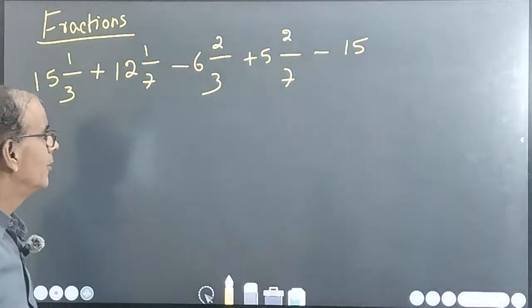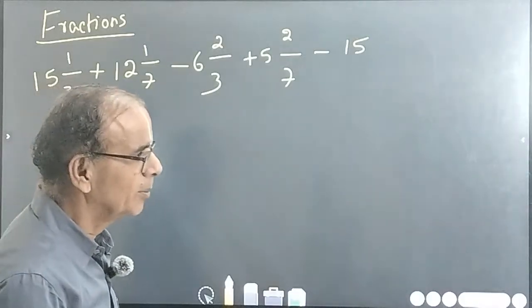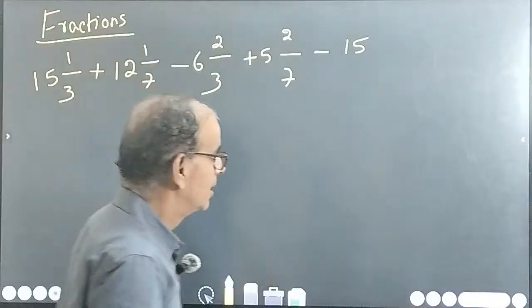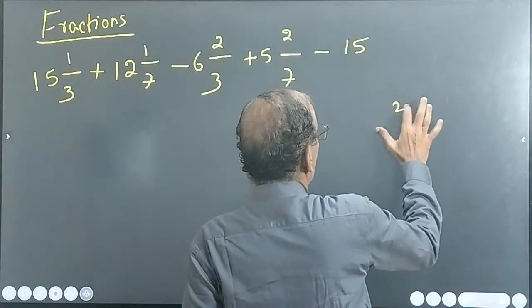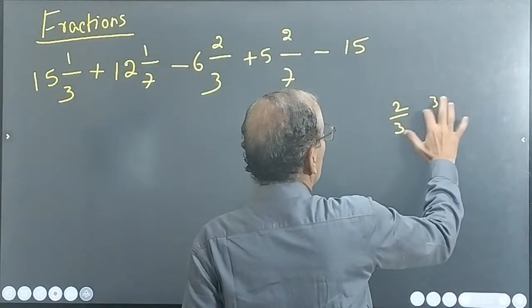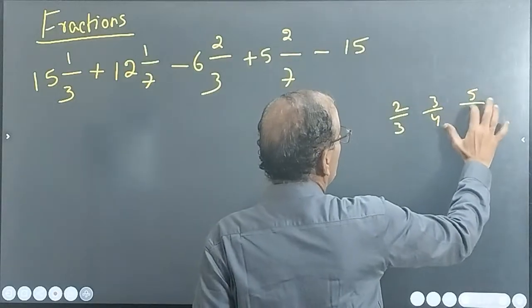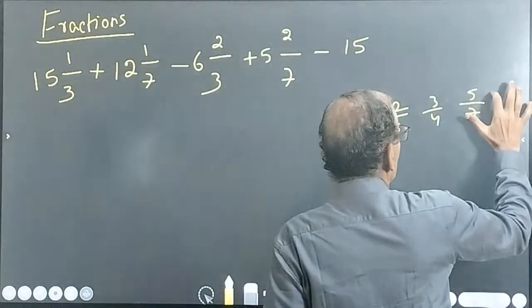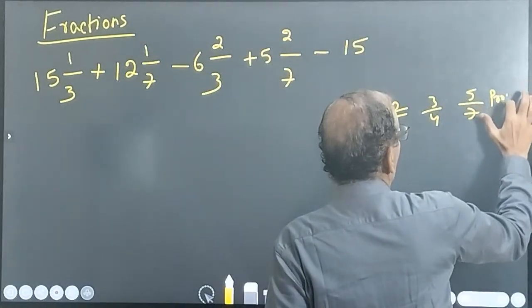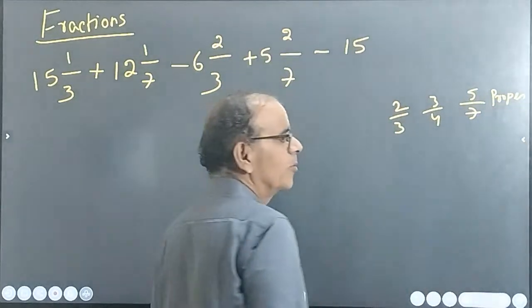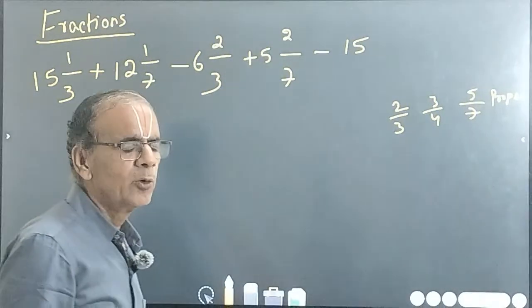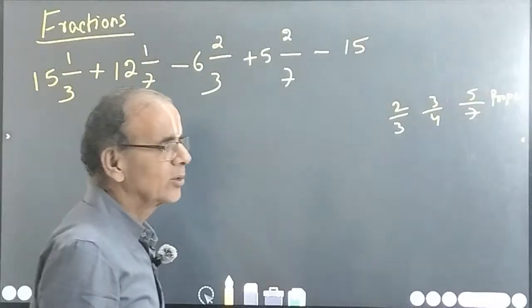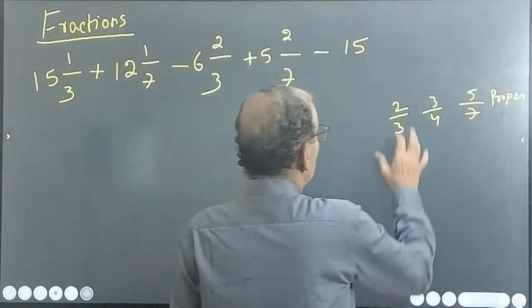Before doing these fraction questions, we must know what we mean by a proper fraction. 2 by 3, 3 by 4, 5 by 7. These are all called proper fractions. Whenever the numerator is less than the denominator, that is called a proper fraction.